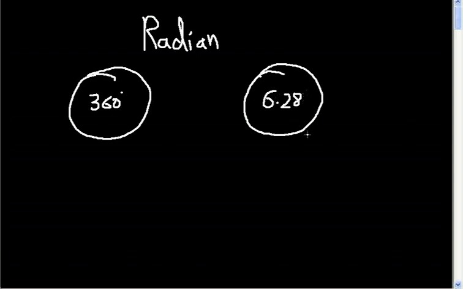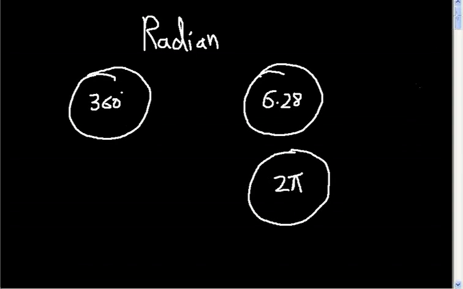So 360 degrees is equal to 6.28 radians approximately. There's a better way to talk about the 6.28 radians. We usually say that is 2 pi. That is a better value to use than 6.28. So 360 degrees is 2 pi radians.